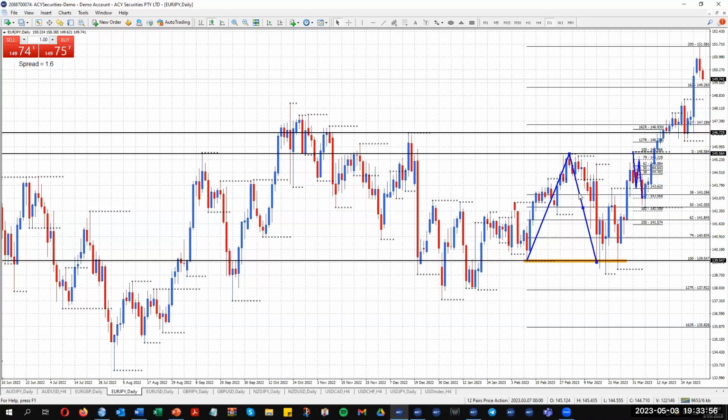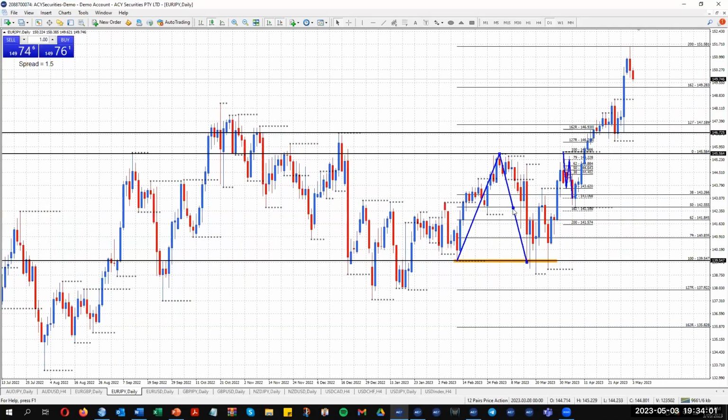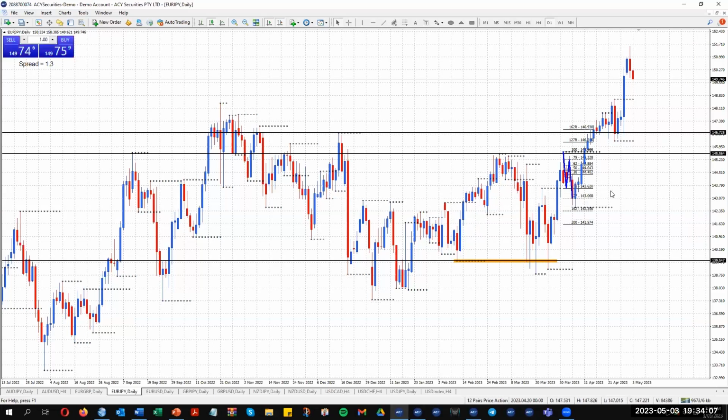All right, so ultimately that pattern, which I wasn't really thinking about myself, I was thinking it was more in a range, but ultimately that's the thing that's driven it up. And now, of course, that's completed and we could maybe get a nice pullback.